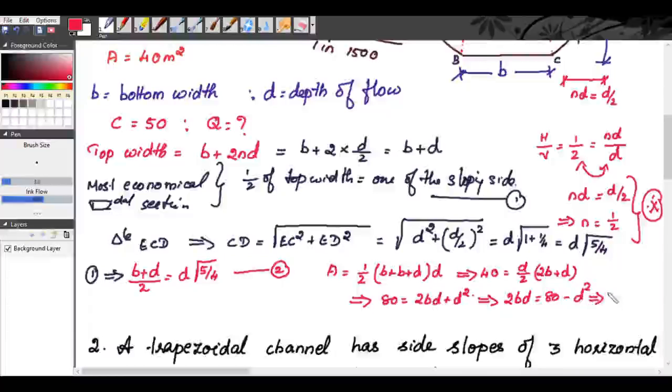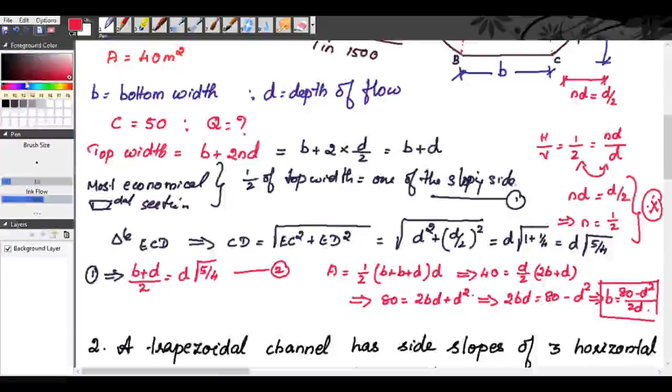And from this we can write B in terms of D. So B is equal to 80 minus D square by 2D. So substitute this B in equation 2 so that the only unknown is D.